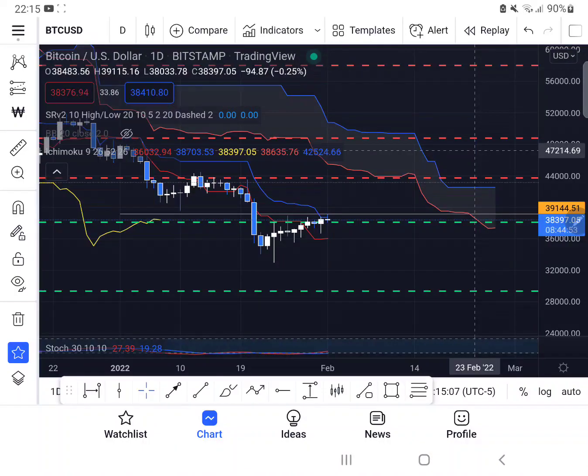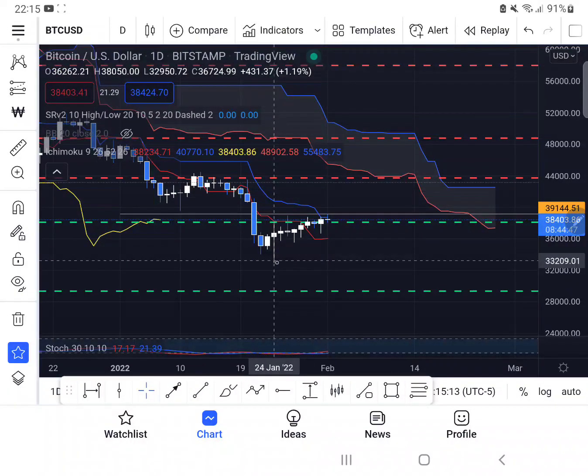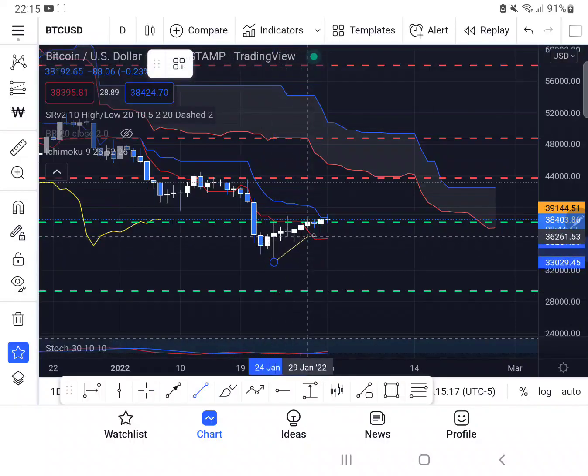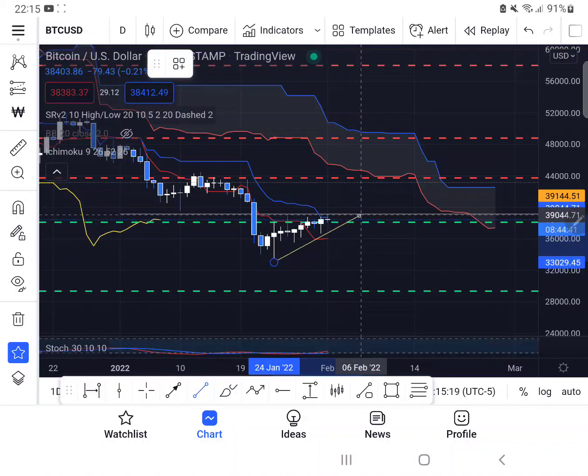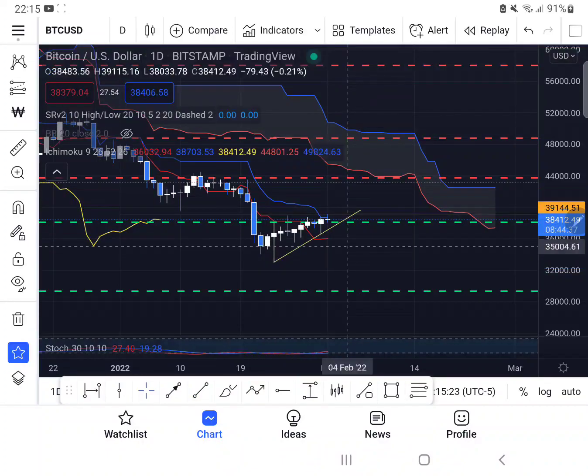I will be waiting for that one, but it looks like there is some trend line, like a P wave, that can support the price for now.